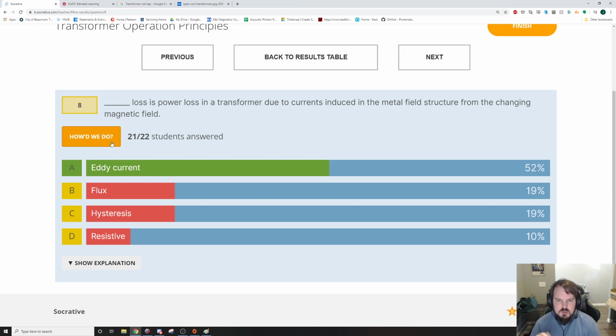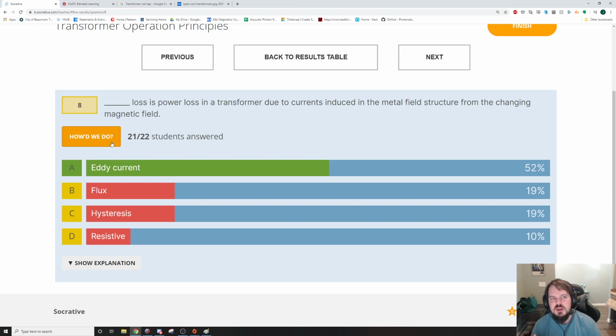But what happens is the higher your frequency goes, the more the current is pushed towards the outside of the wire, and that will increase the actual resistance. We mostly live in a world of 60 hertz, so what we use is what we're used to, and nothing's really different.